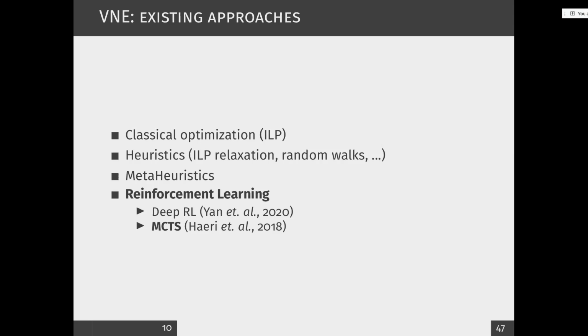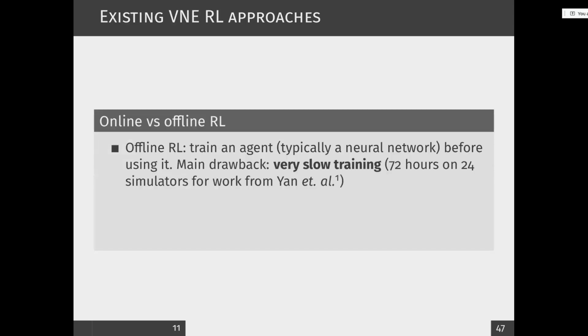There are a lot of heuristics, and you also have metaheuristics. Those were also very trendy, and the ones that were starting to gain traction when I started my thesis were reinforcement learning, which is my interest for this part. There are mainly two types of approaches: Monte Carlo search, which is the type of approach I chose, and deep reinforcement learning, which is based on neural networks. I will dig a bit more into the difference between the two.